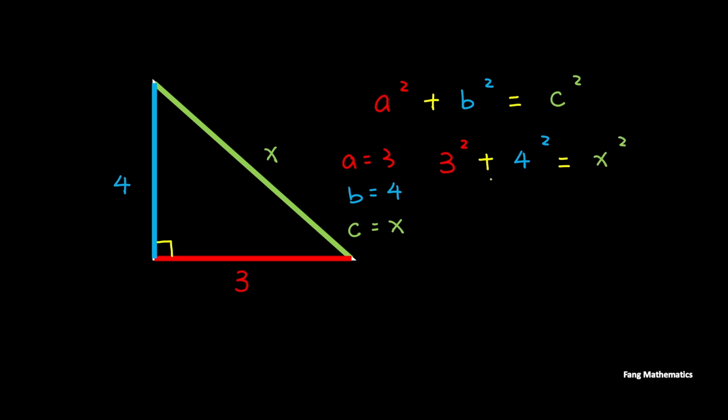We are to simplify the equation. On the left, 3 squared gives you 9, plus 4 squared gives you 16. On the right, x squared remains as x squared. 9 plus 16 gives you 25, equal to x squared. Now we just want the value of x, not x squared, so we remove the power 2 by applying the square root to both sides of the equation.